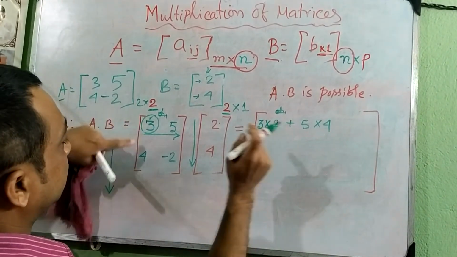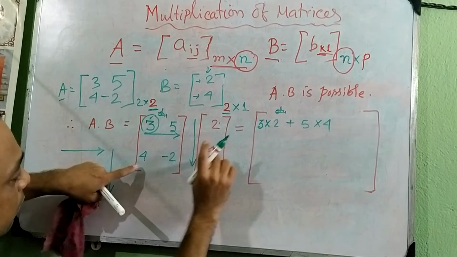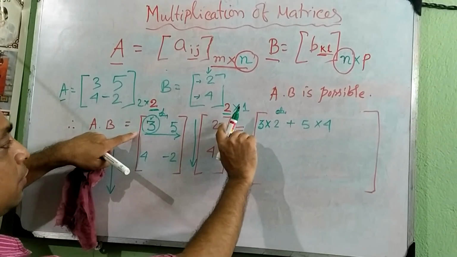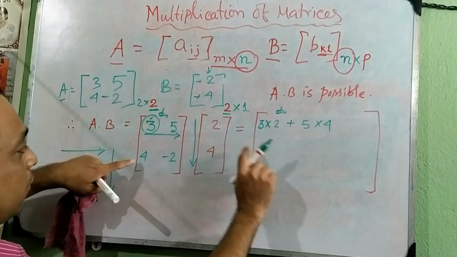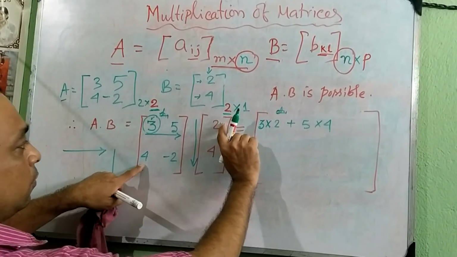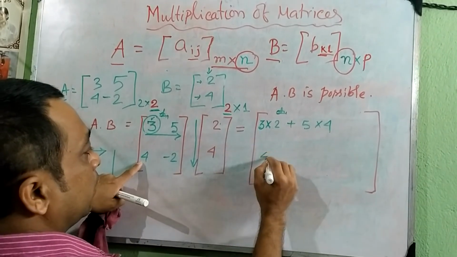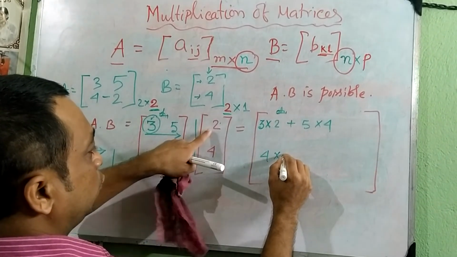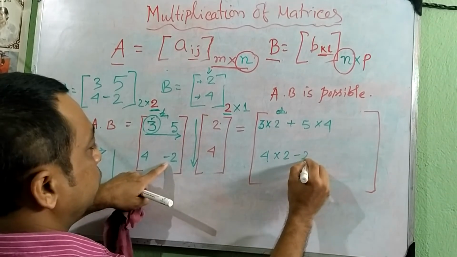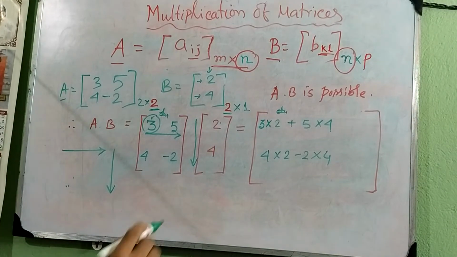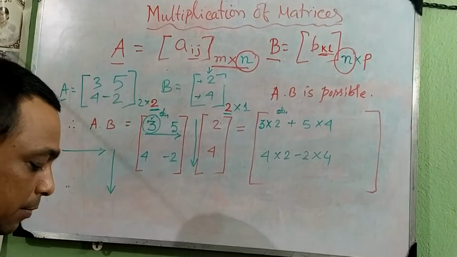Now next 4, you can see I will change the row. First I was multiplying with the first row, now we will multiply the second row. So 4 into 2 minus 2 into 4. We will not get any other elements here.